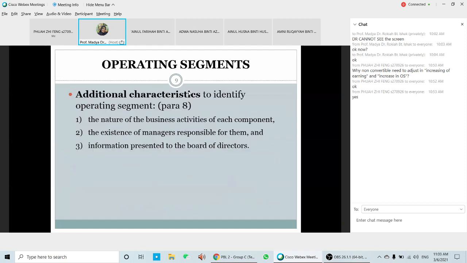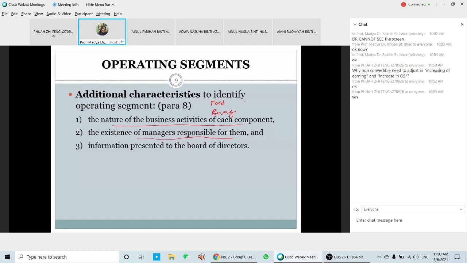Additional characteristics to identify whether something is an operating segment: the nature of the business activity of each segment. Maybe the first section is a food section and the second one is a beverage section, so you can differentiate between the two. Then the existence of a manager responsible for them.